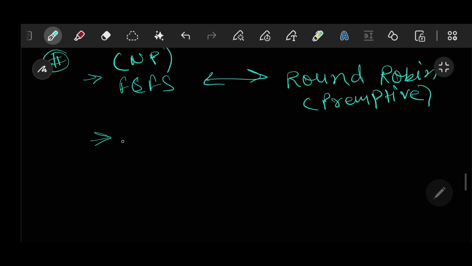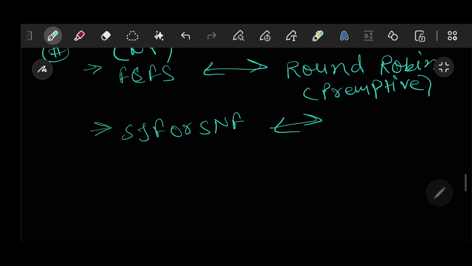Another one is shortest job first or shortest job next, basically SJF or SJN. Their preemptive version is called longest remaining time first or longest remaining time next, LRTF or LRTN.